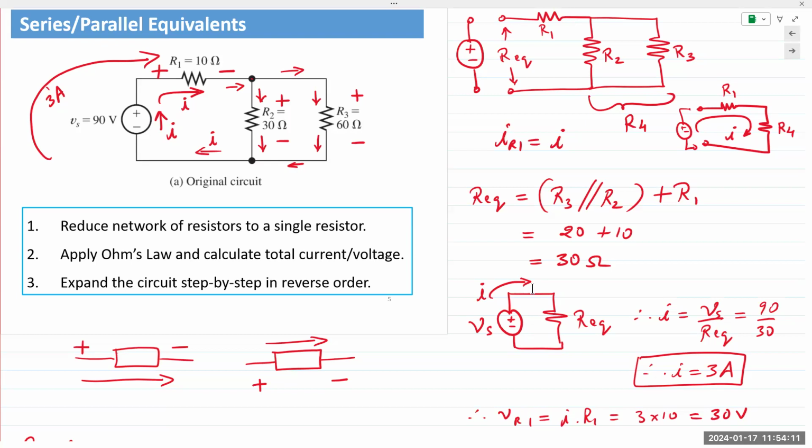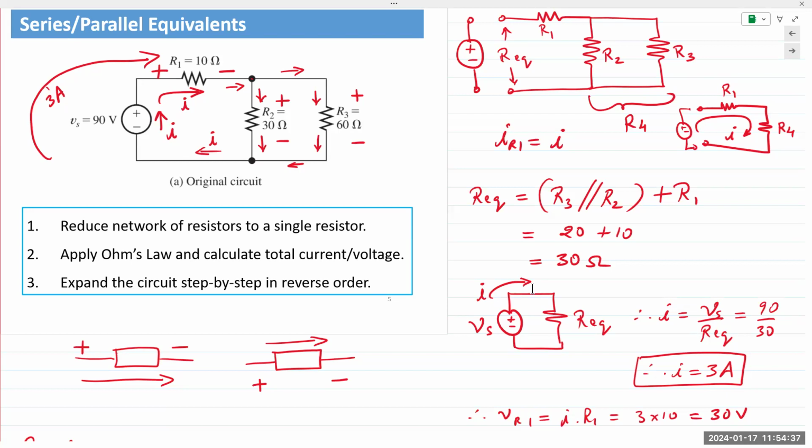So if a problem asks you to solve it using series parallel analysis technique, that is what you are going to show me. You take a large network of resistors, you reduce it down to one single resistance, and then you expand the circuit up again. Within that technique, you can use any technique you want. So does this make sense?